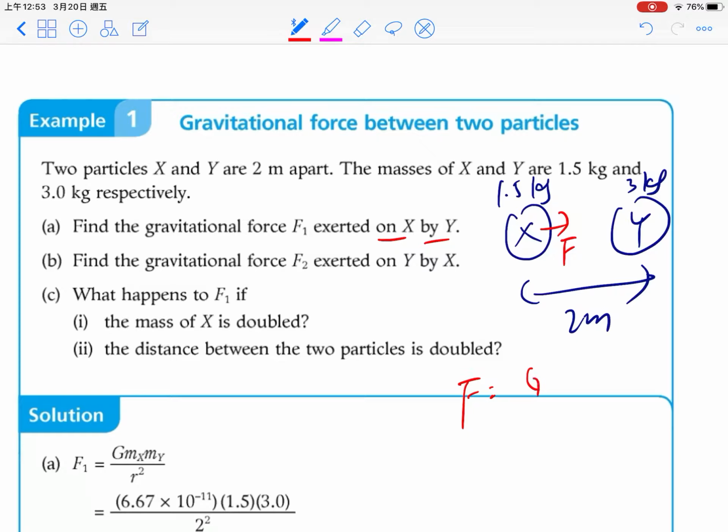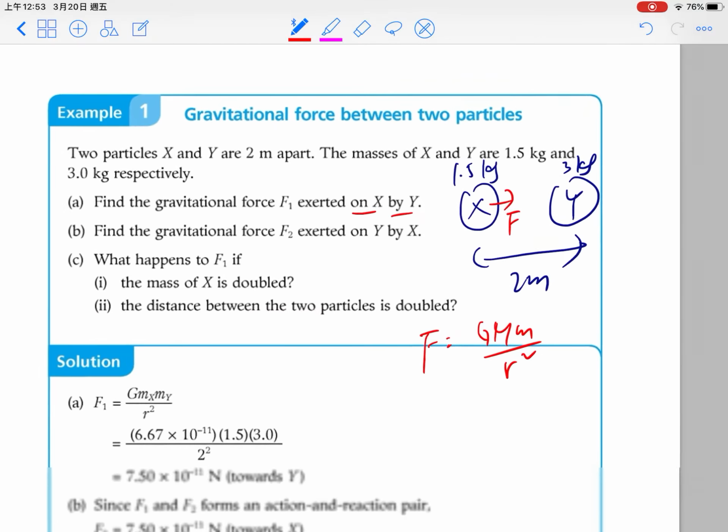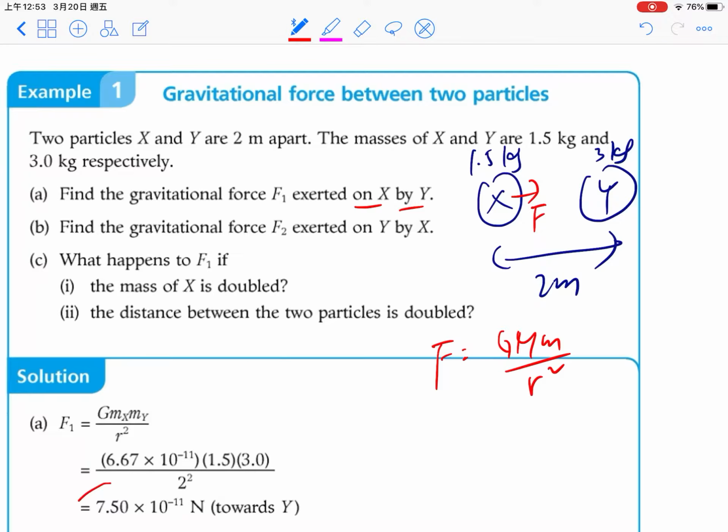The gravitational force can be calculated by the equation F equals G m1 m2 over r squared. By direct substitution, we know the answer, and the direction should be to the right. Okay, part B. Find the gravitational force acting on y by x.